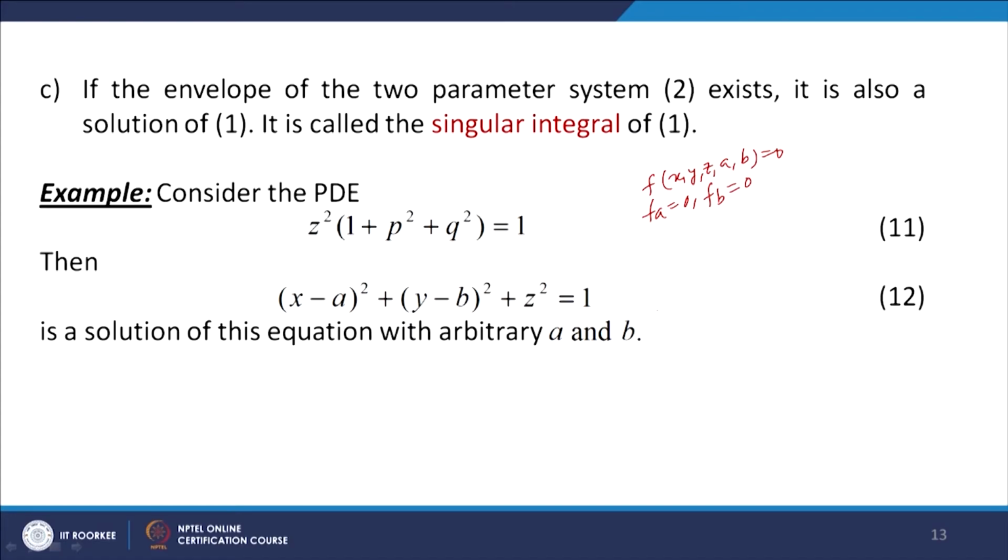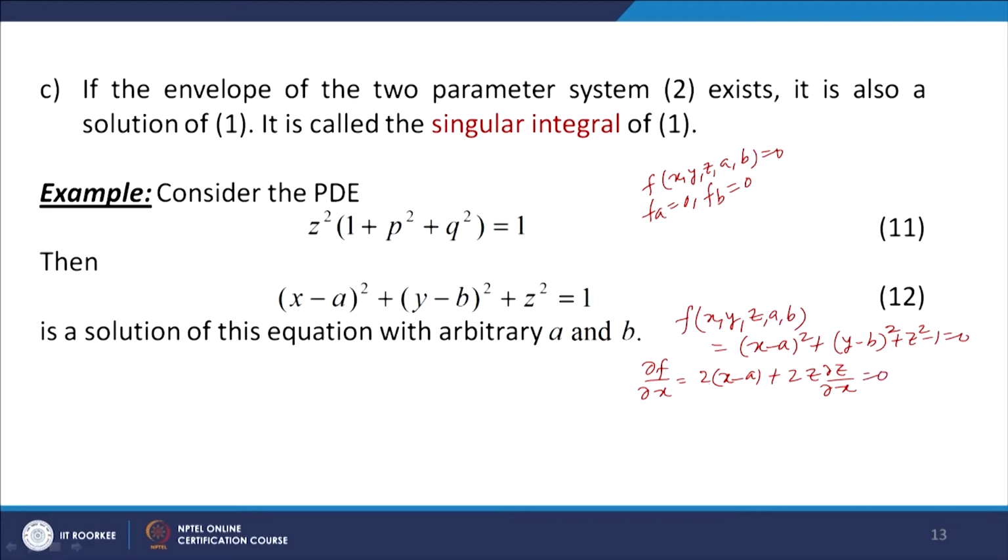So, let me write f(x, y, z, a, b) equal to x minus a whole square plus y minus b whole square plus z square minus 1 equal to 0. Let us differentiate it with respect to x. Then the partial derivative of f with respect to x is 2 times x minus a plus 2z into the partial derivative of z with respect to x.